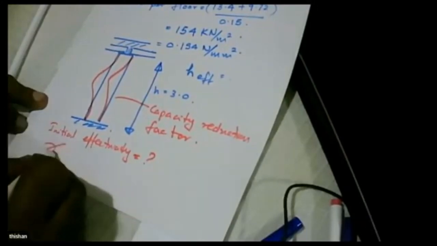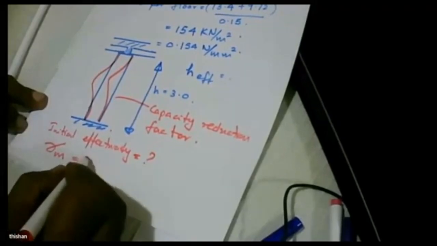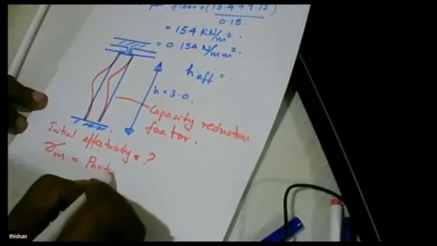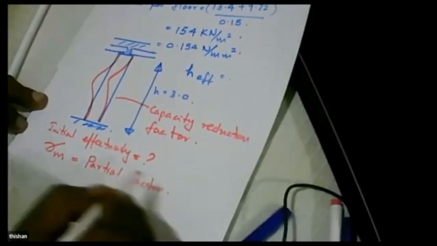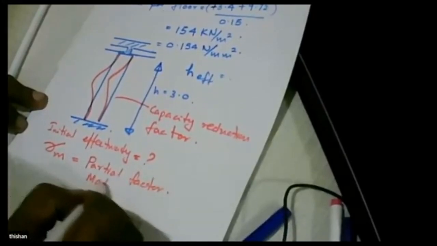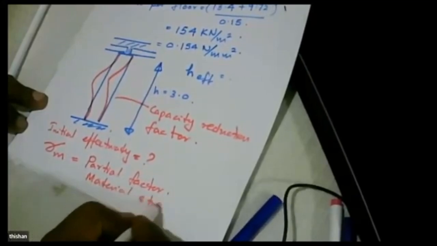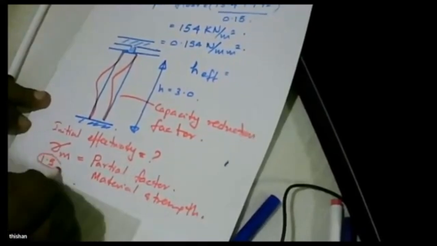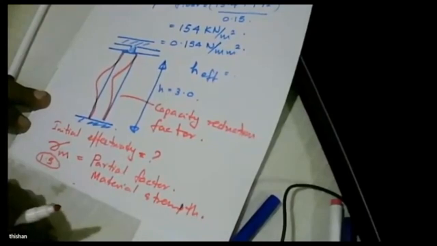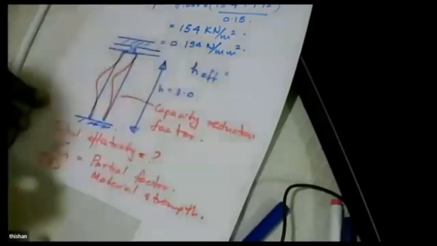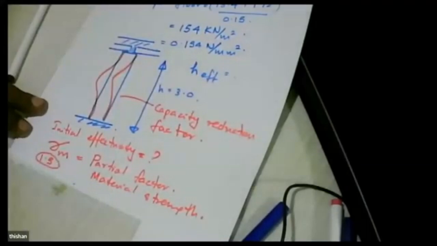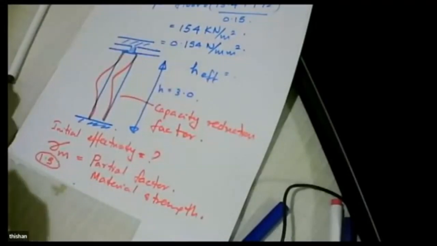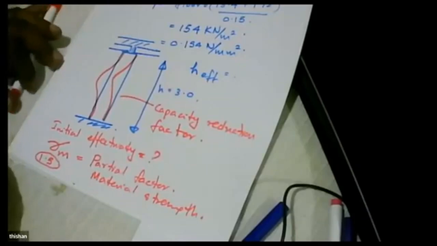And then the other parameter that we have to look at is the partial factor for material strength. In concrete we use 1.5, but in masonry we use higher values to allow for variations in quality, variation in work and construction. Okay.